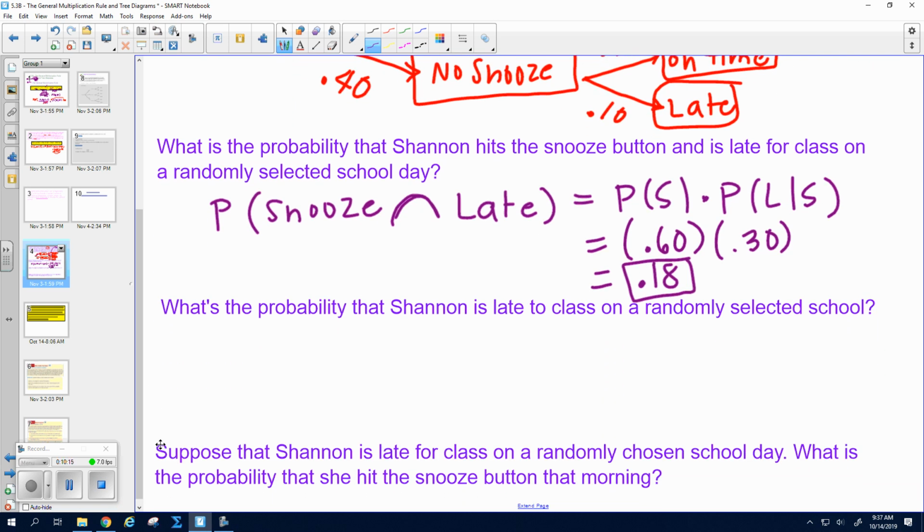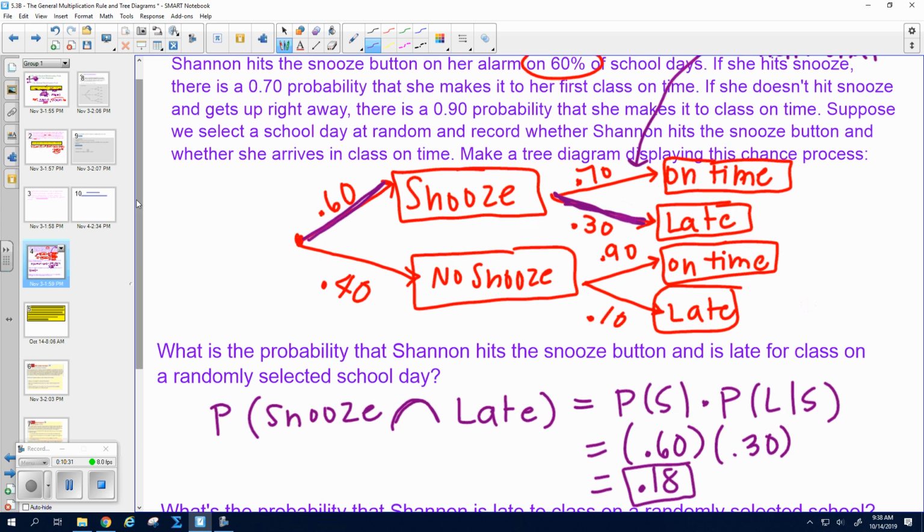All right. What is the probability that Shannon is late to class on a randomly selected school day? Probability that she's late. Okay. How many pathways are there to late on this tree diagram?